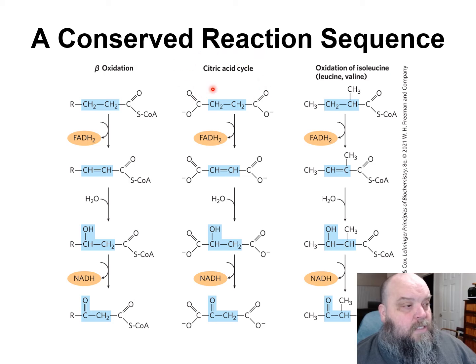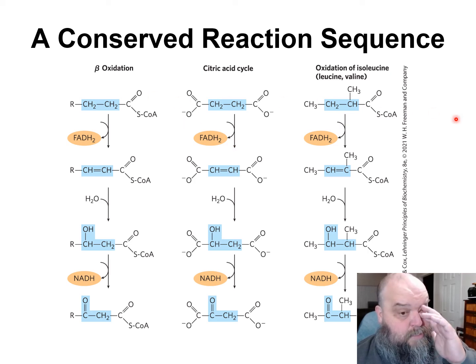We saw this at the citric acid cycle as you went through from succinate to oxaloacetate. We see this in amino acid synthesis, and in amino acid catabolism, getting it ready to enter into the citric acid cycle and whatnot.